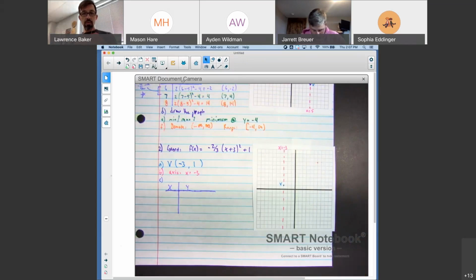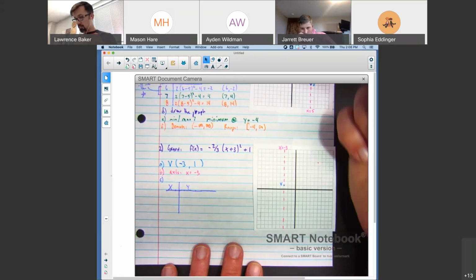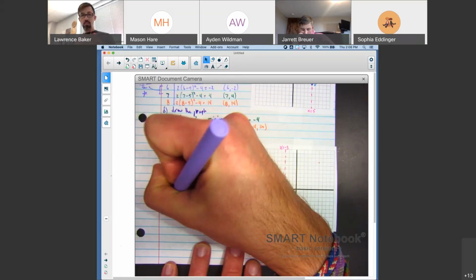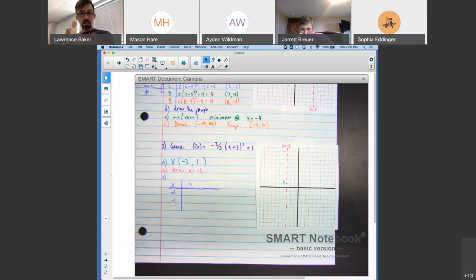What would be good numbers to pick for x? -2 and 1. Why those, Kyla? Why -2 and 1? Because they're closest to the vertex. So what else could we have used besides -2 and 1? What would be other good points to use?